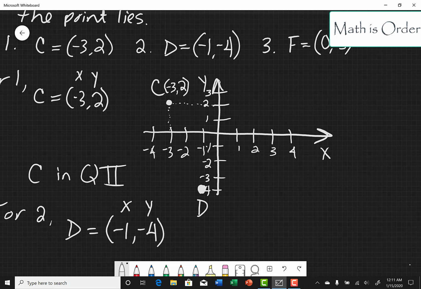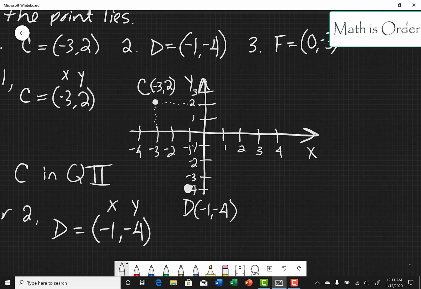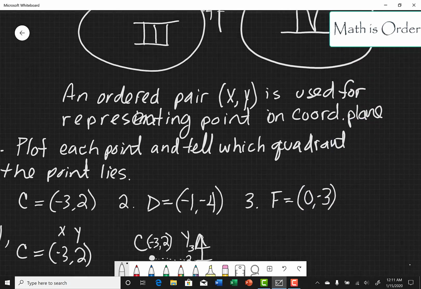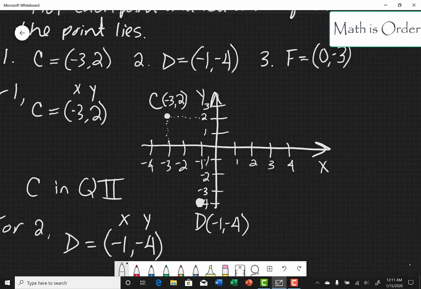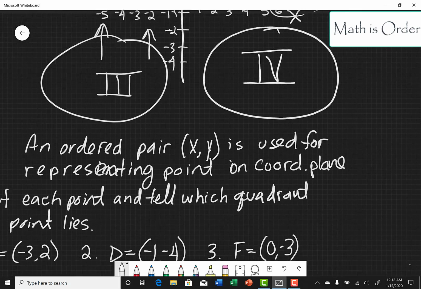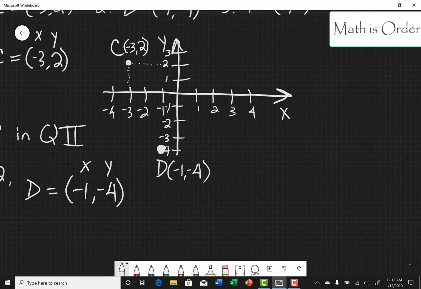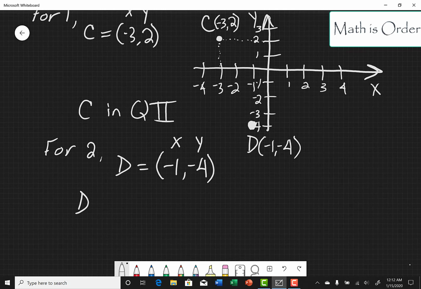So D, -1, comma, -4. And you can see which quadrant this lies in. This looks like it is in quadrant 3. D is in quadrant 3.